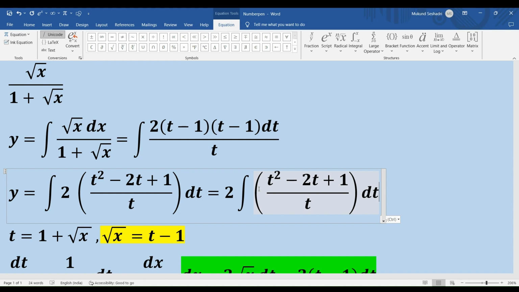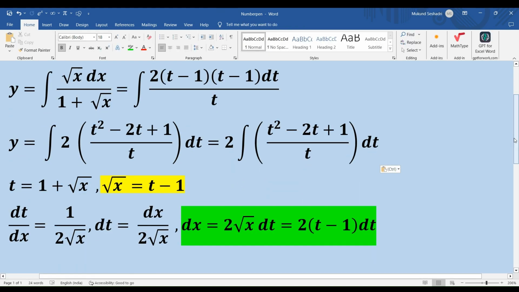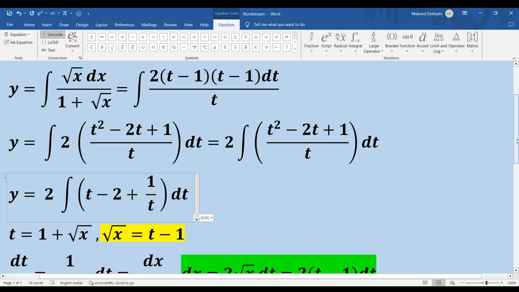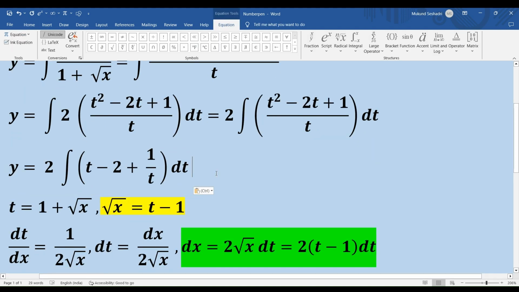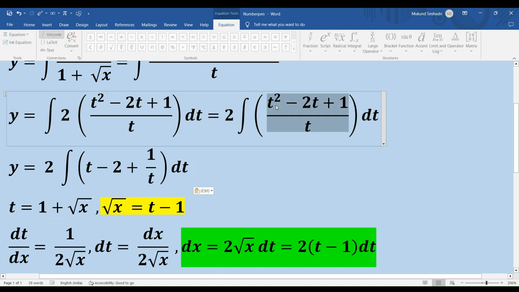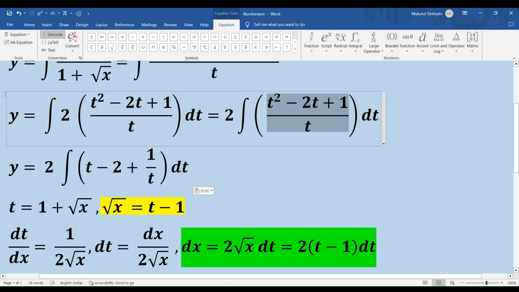So that's our y. Now you look at this, it becomes a lot simpler because I'm going to decompose this. I have a t in the denominator, and then I have a t square minus 2t plus 1 in the numerator. So I'm going to rewrite this as, so that's my y. My first expression, which is t square, when I divide it by a t, I get a t, right?